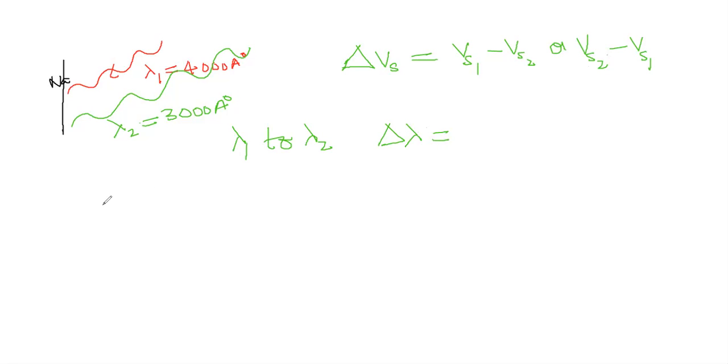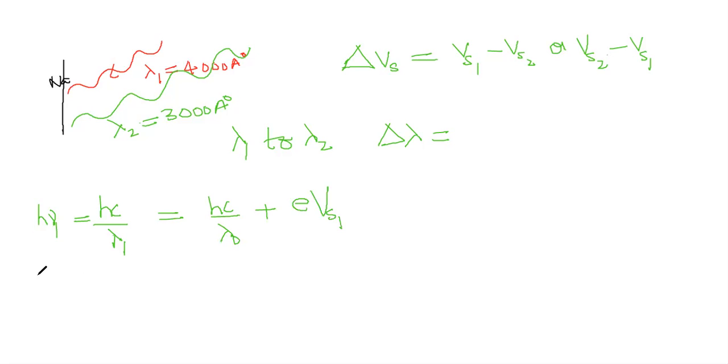First we have to write the same equation two times. Hc by lambda 1. This is the first equation. Why? Because it is h nu 1 is equal to Hc by lambda naught, which we don't know, plus eVs1.